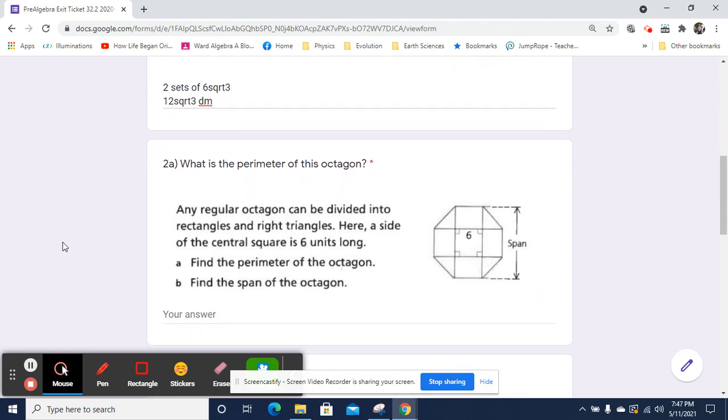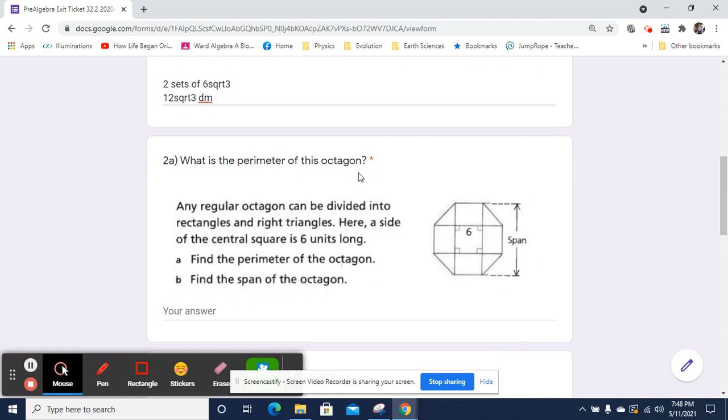All right, now what is the perimeter of this octagon? We've been told, and the next question will ask, what's the span of the octagon? Once again, it's the short way across, as opposed to from opposite vertices like that, which would be a long way across. So it's the short way across, from flat to flat. For the perimeter of the octagon, we need to know how long this side is, and there's going to be 8 of them.